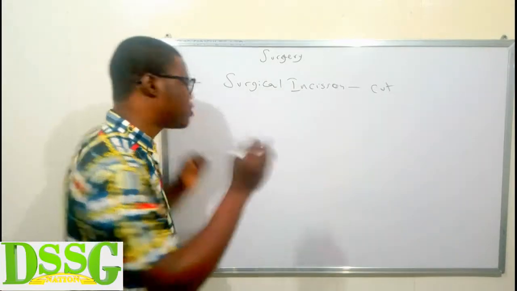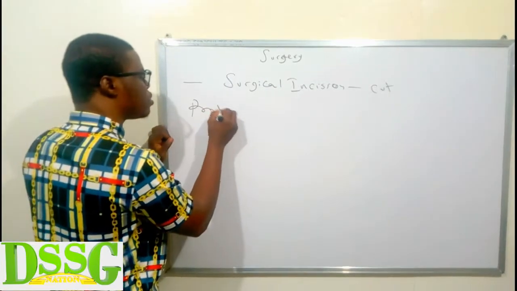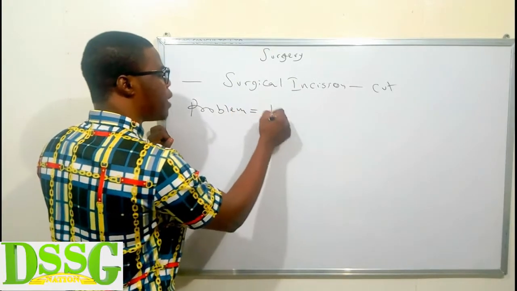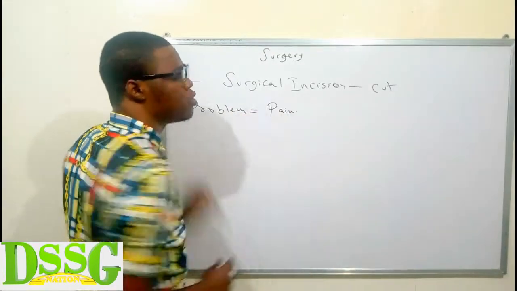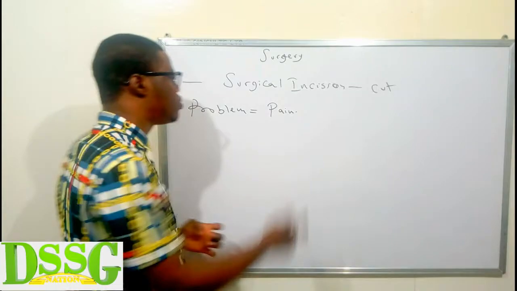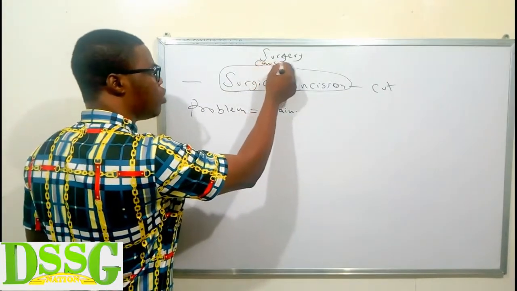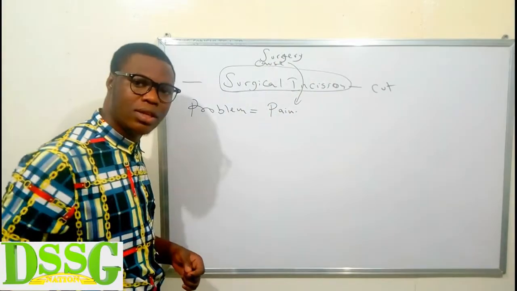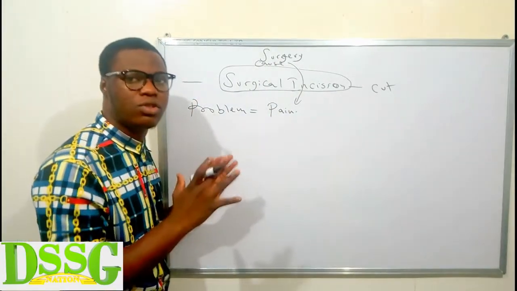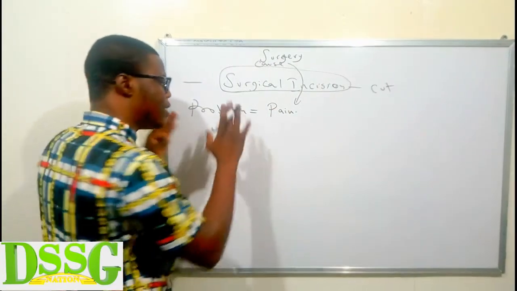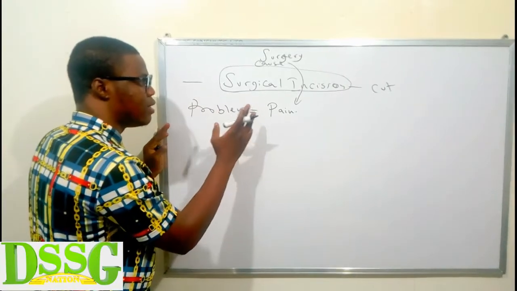Now, which problem is it going to result in? It's going to result in the problem of pain. So the person is going to have pain due to that surgical incision. So this will be the cause of the pain.